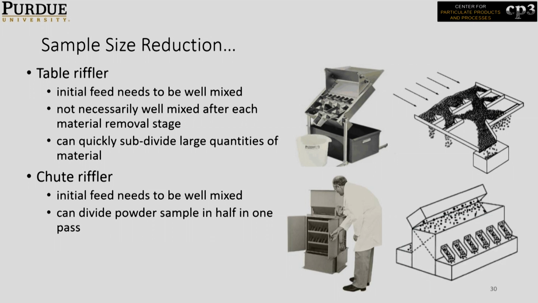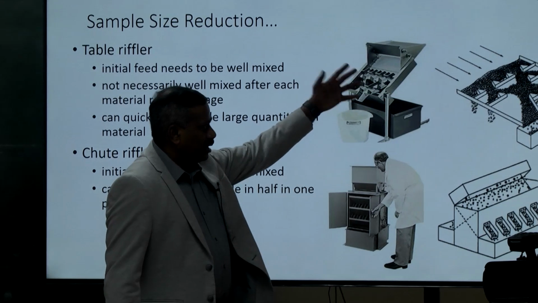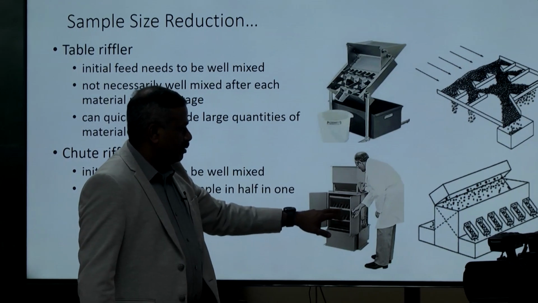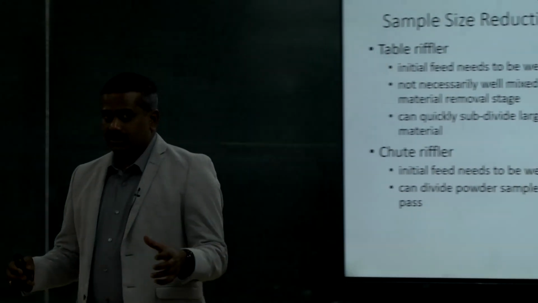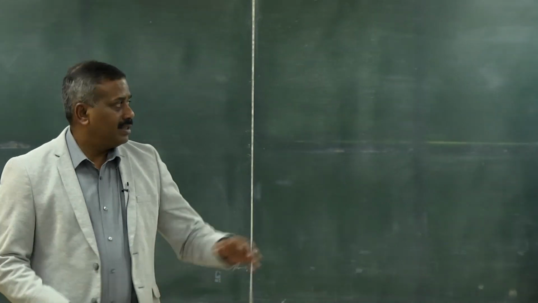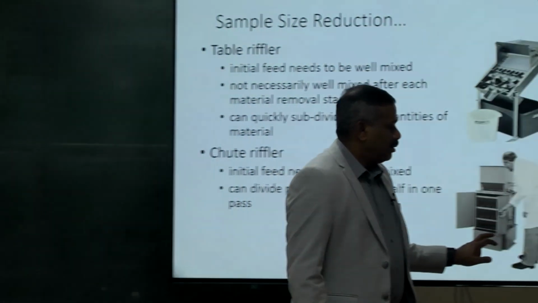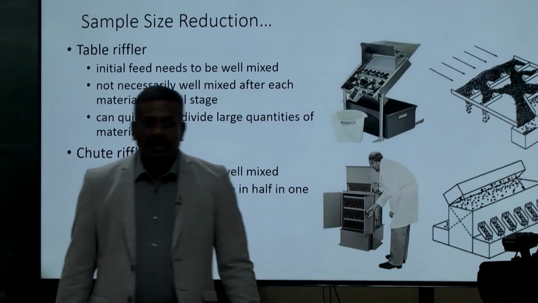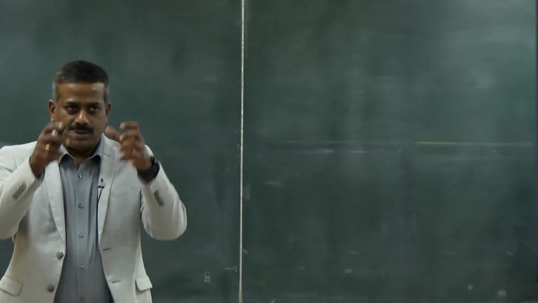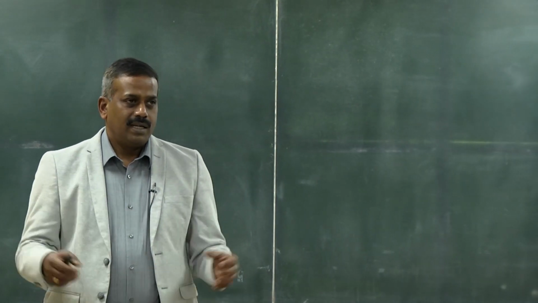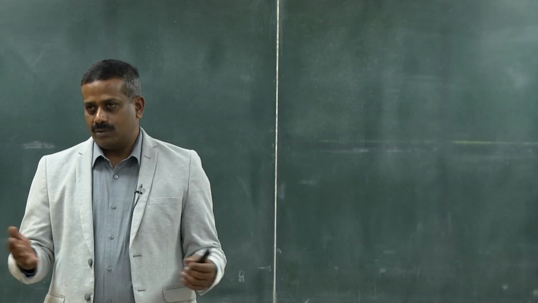The chute riffler has a very similar principle, but more automated, with multiple smaller streams. In a table riffler the number of streams might be limited, but in a chute riffler there are multiple smaller streams that collect different parts of the powder flowing down, then you mix them together into a subsample that you can use.